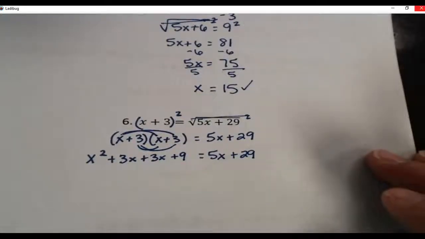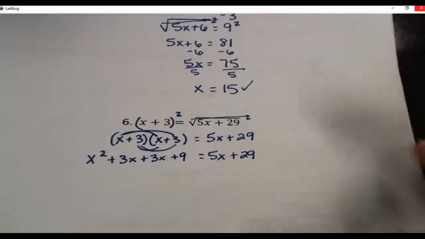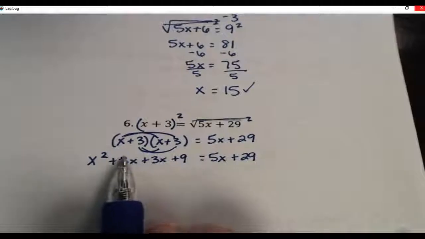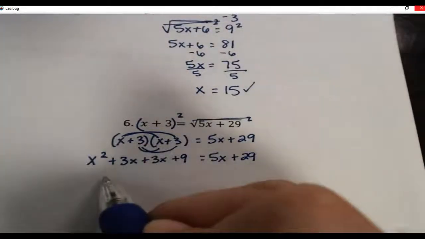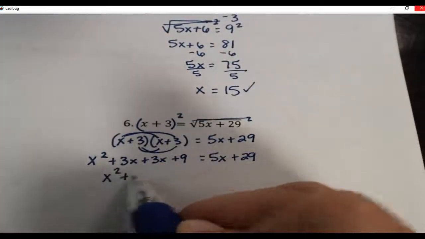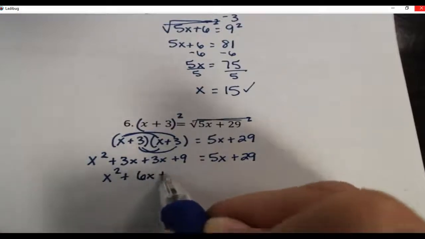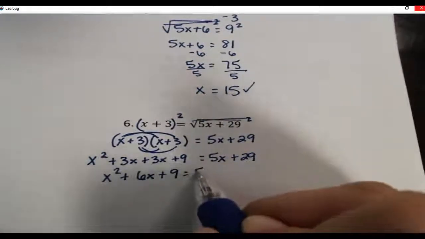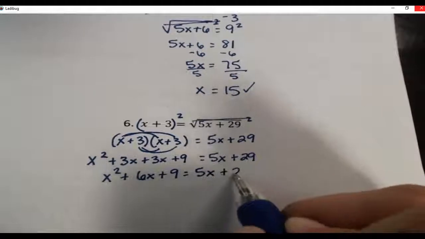Any questions getting there? So then we have some like terms over here, so we can combine the 3x and the 3x. So we'll get x squared plus 6x plus 9 equals 5x plus 29.